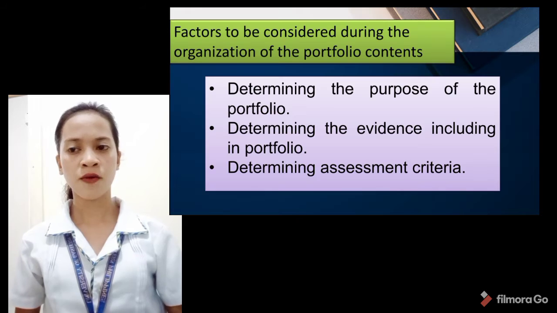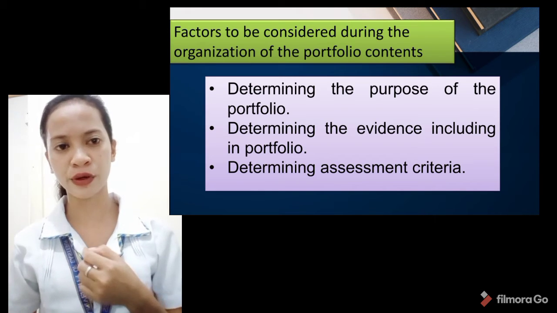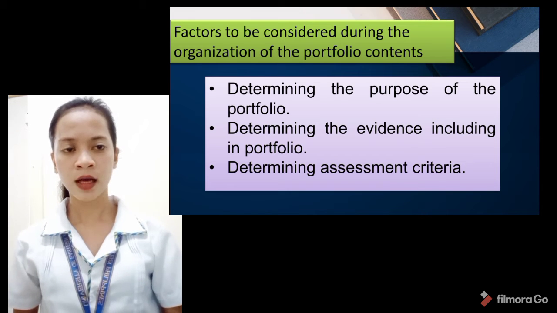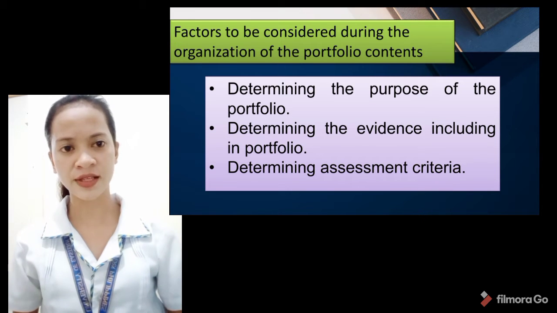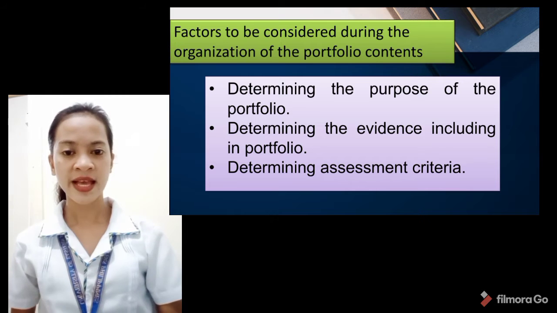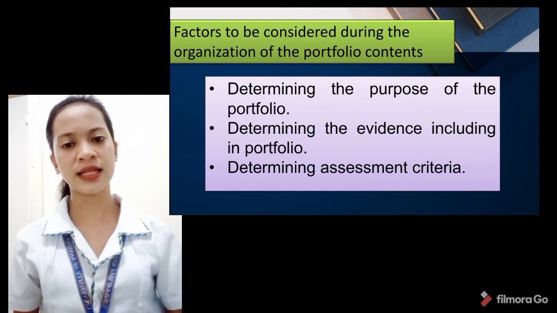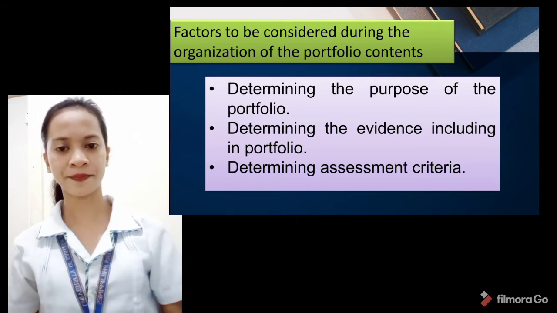So, there are factors to be considered in the organization of the portfolio content. First, determining the purpose of the portfolio. Second, determining the evidence included in the portfolio. And lastly, determining the assessment criteria.